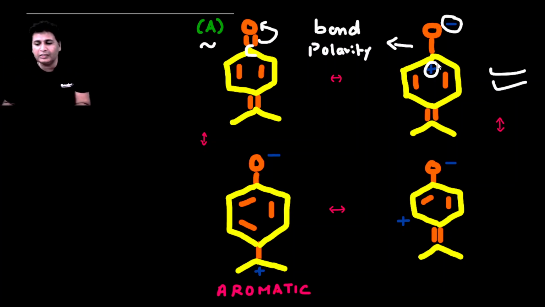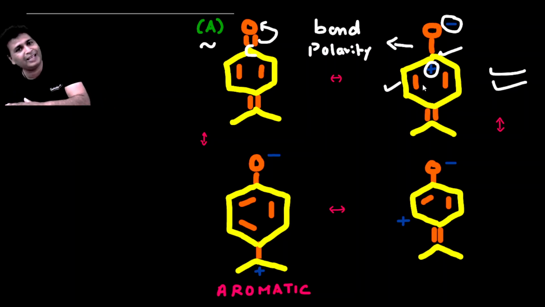If you see this plus charge, immediately you realize that there is a resonance. Of course there is a resonance, as you can sing a song. As I have drawn the structure, you can simply see plus, single, double. From left also and from right also you can sing the same song, plus, single, double. So it's a situation of cross conjugation.